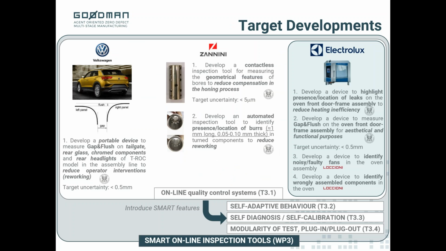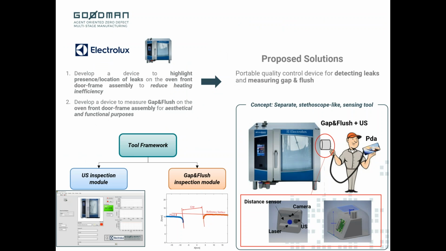For what the Electrolux professional use case is concerned, here we split the effort in developing the system with Locioni. For what the development of the device for light presence, location of leaks and the assessment of gap and flash on the oven front door frame assembly, we decided to merge the two different solutions in a single device.